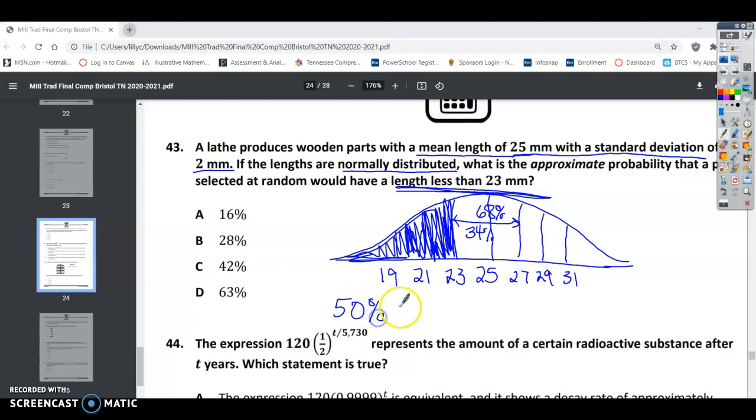So 50% minus 34%, and that leaves us with 16%. So 16% will have a length of less than 23 millimeters. So number 43, the answer is A.